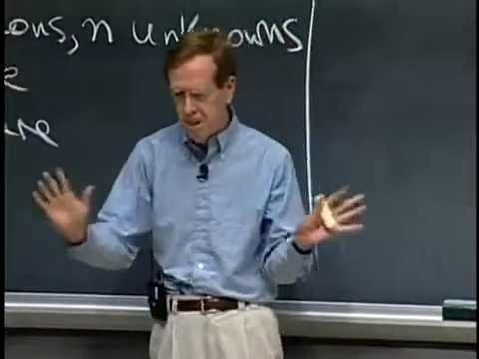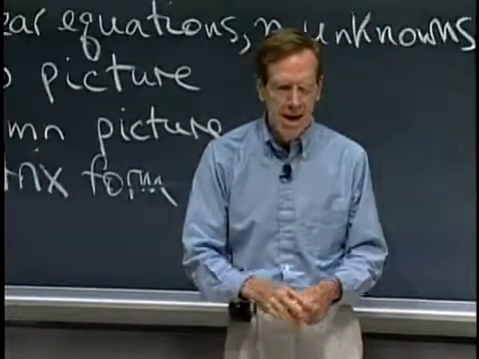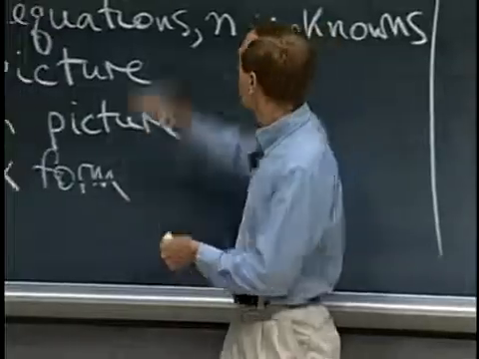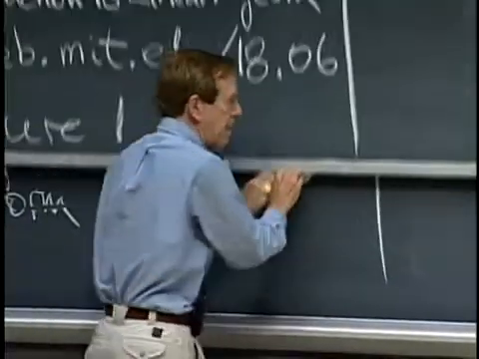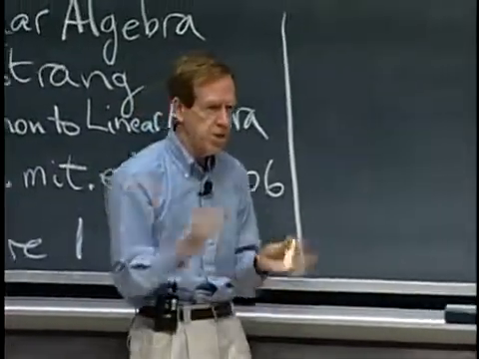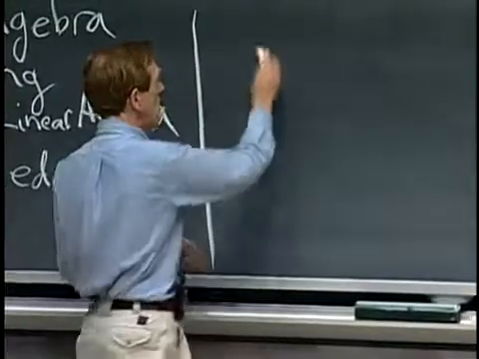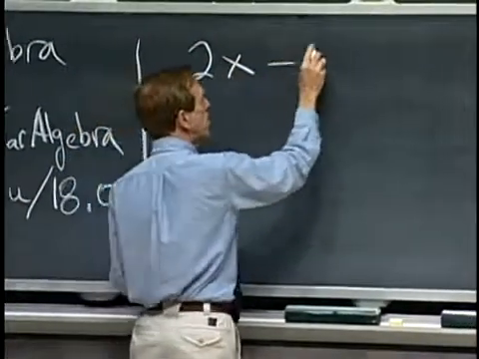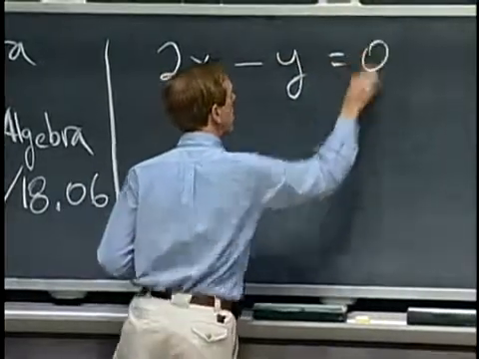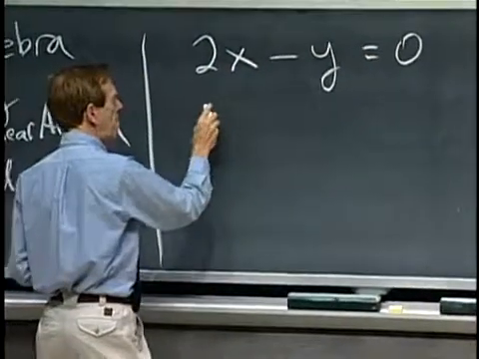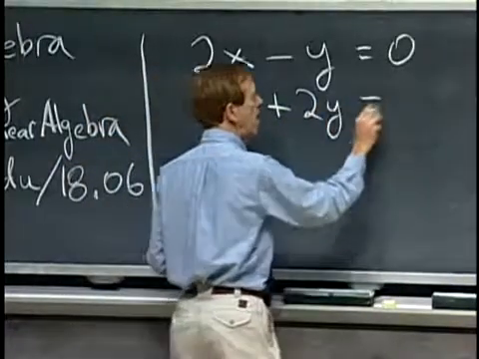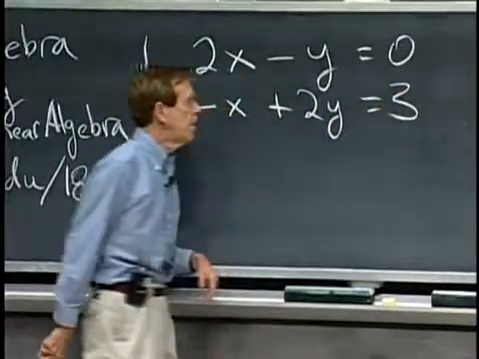Okay, so can I do an example? The whole semester will be examples, and then we see what's going on with the example. So take an example: 2 equations, 2 unknowns. So let me take 2x minus y equals 0, let's say, and minus x plus, say, 2y equals 3.